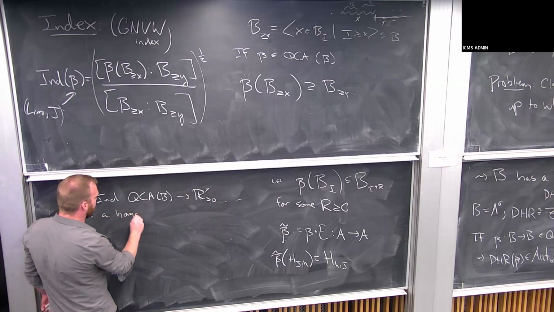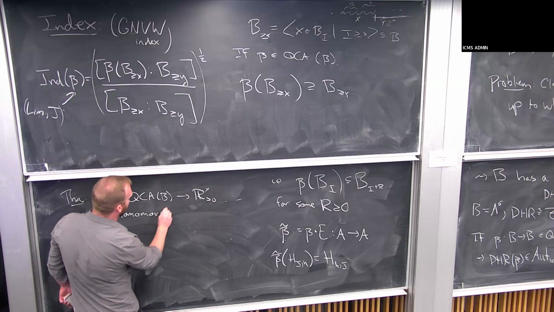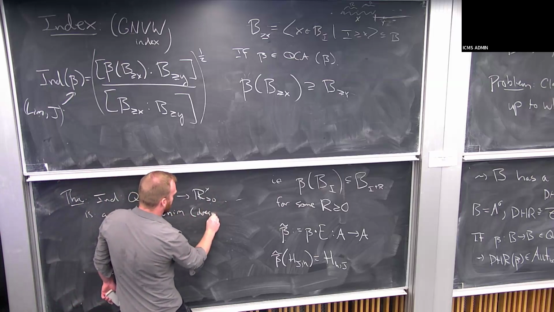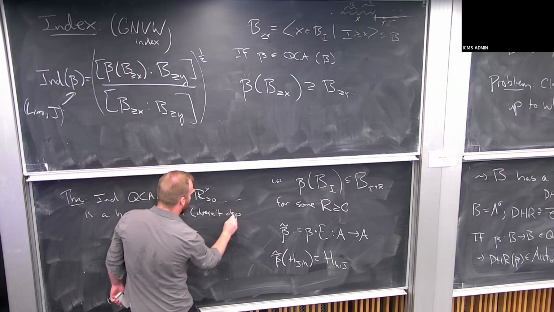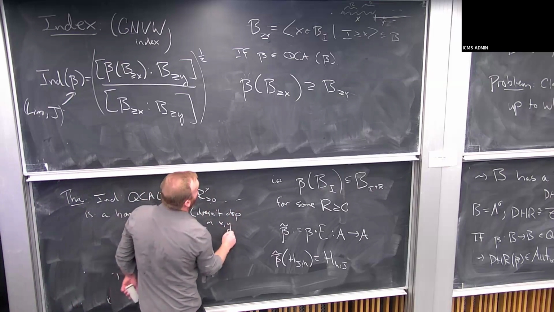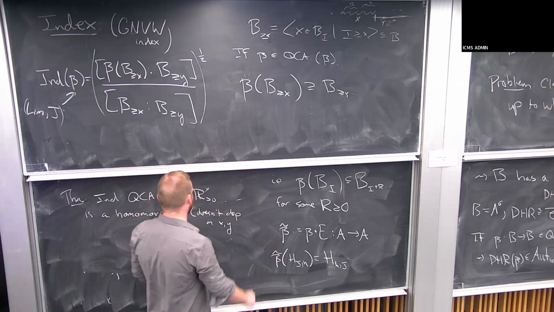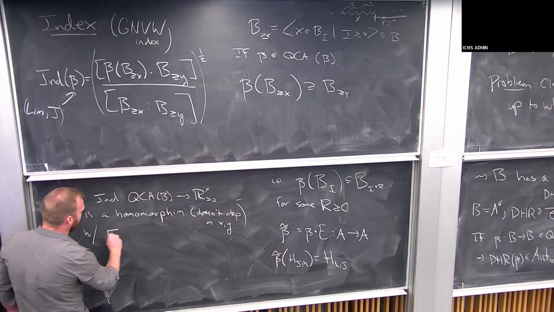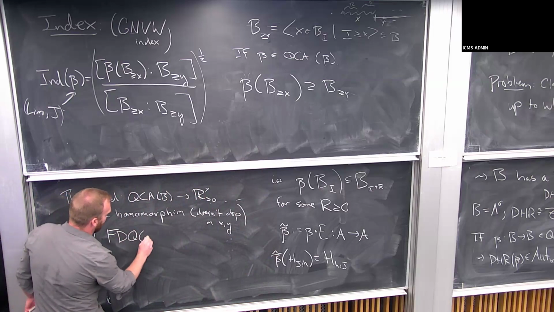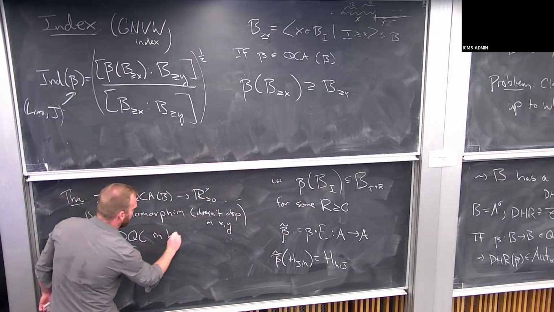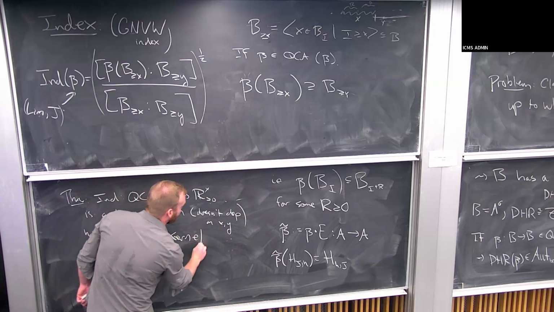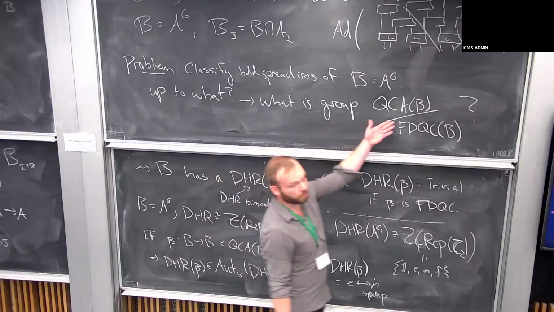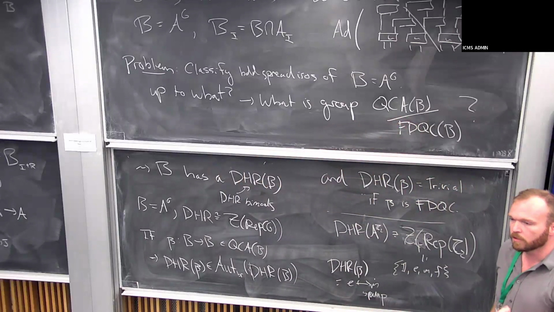So it's multiplicative, and it doesn't depend on any of the choices, X, Y, as long as they satisfy this nice large enough property with the spread, with finite depth quantum circuits in the kernel. So in other words, it gives me another invariant, a homomorphism from this group that I'm actually interested in to the multiplicative real numbers.